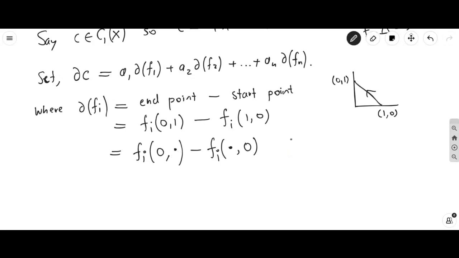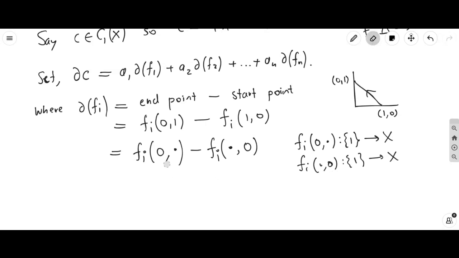So fi 0 dot is a mapping from the number 1 into X, and fi dot 0 is a mapping from the number 1 into X. I know that seems kind of ridiculous to do, because you see this is a mapping, and when you evaluate it at 1, you end up getting exactly what you want. But I'm just doing it very carefully so that when we go to the next dimension, it's going to be the same theme. But that's really what it is.